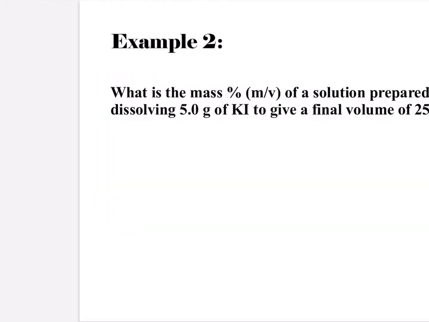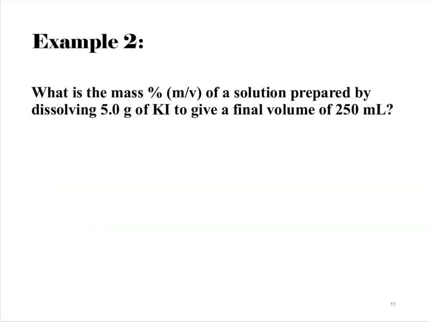Okay. All right, so here's mass to volume percentage. What is the mass percent volume of a solution prepared by dissolving 5.0 grams of potassium iodide to give a final volume of 250 milliliters, right? So here we have a volume and a mass, and then we have to plug it into our formula, which is going to be the mass to volume concentration.